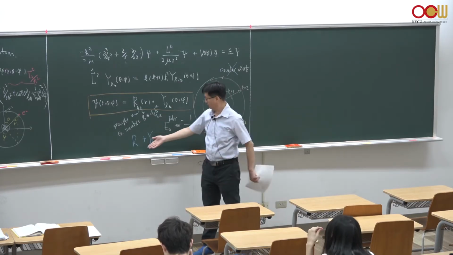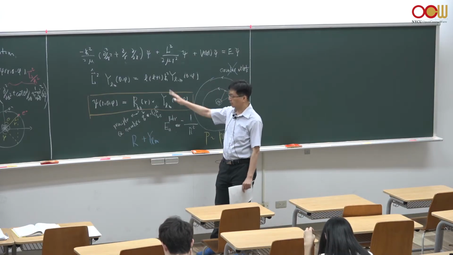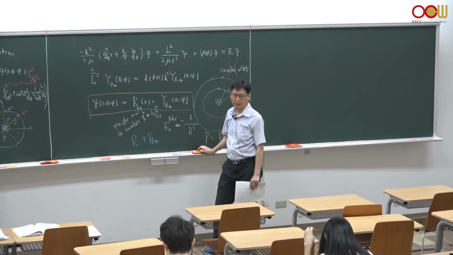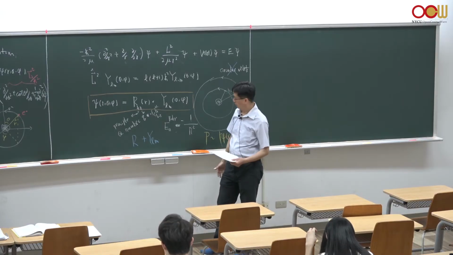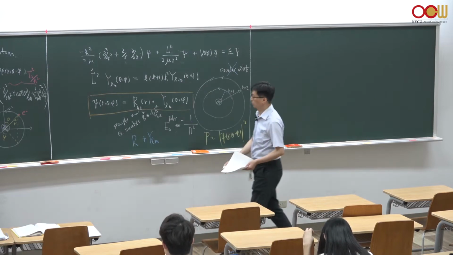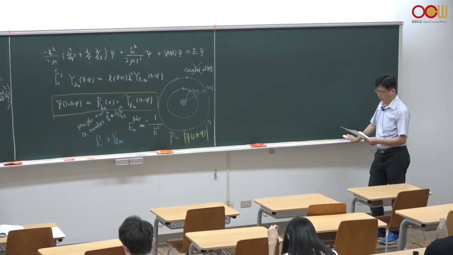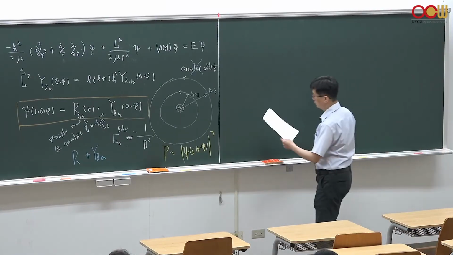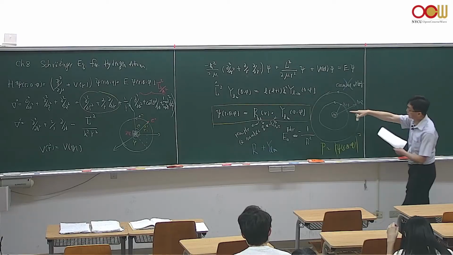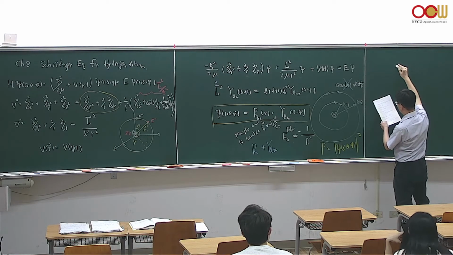If you could find the solutions, be my guest. Any other combinations of R and Y_lm are also possibilities. But I think this is the most straightforward and intuitive way to guess this general form of psi of r, theta, phi. So let's just plug this ansatz into the Schrödinger equation for the hydrogen atom.